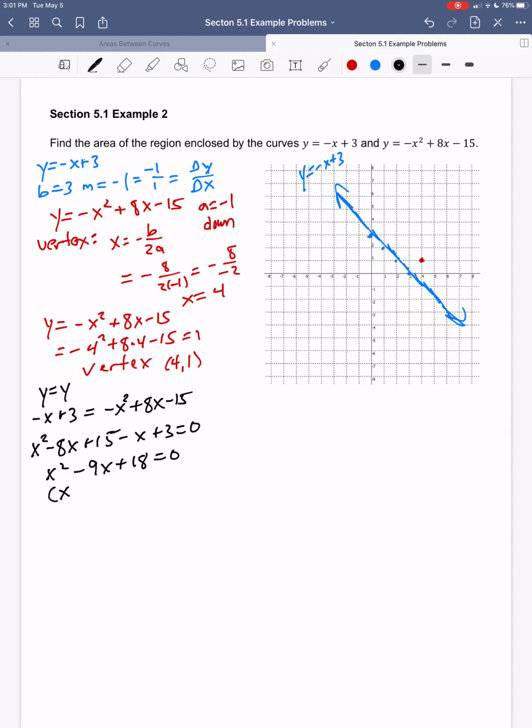And to factor that then, the factors are minus 3 and minus 6. So I get that these curves will intersect when x is equal to 3 or when x is equal to 6. To find the y-coordinate, I could plug into either function. If I go to the line, that's a little easier. Negative x plus 3.